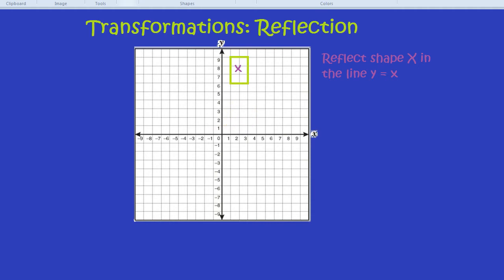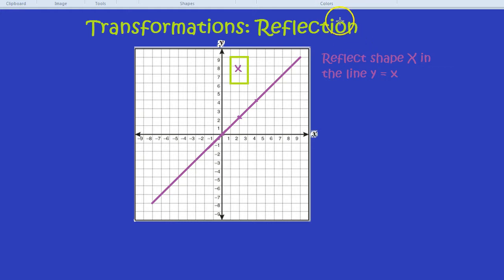So at this point x is 2 and y is 2. So y equals x. Here x is 4 and y is 4. Here x is 0 and y is 0. So y definitely equals x. In other words, it's this line going all the way from the top right to the bottom left. That's the line y equals x.